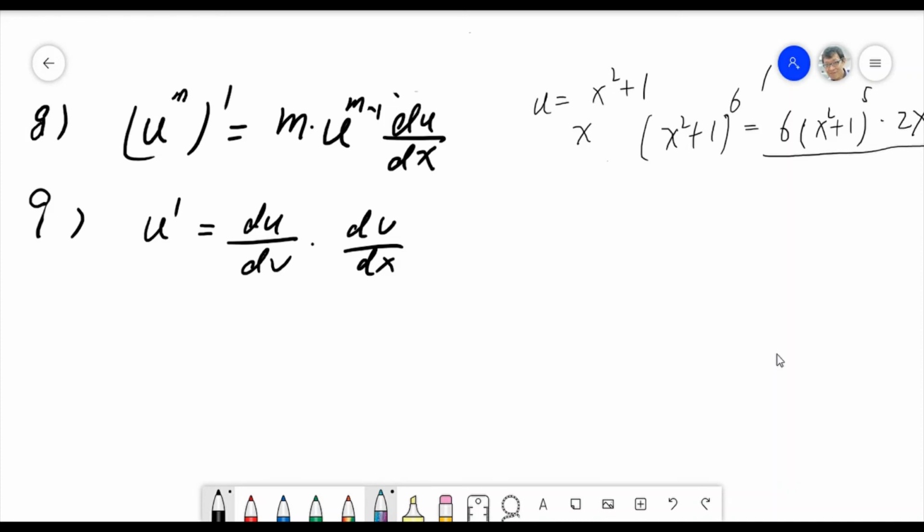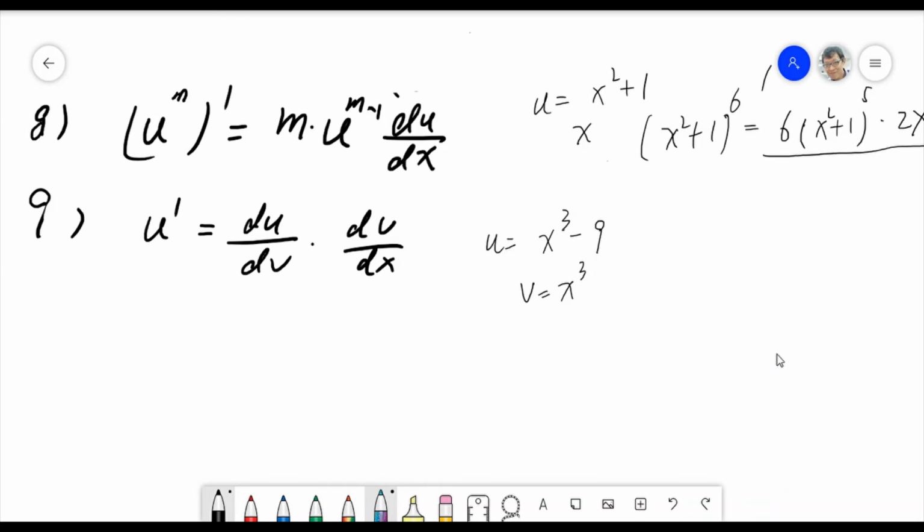If u equals x cube minus 9, just like this one, and then we make v as x cube, right?